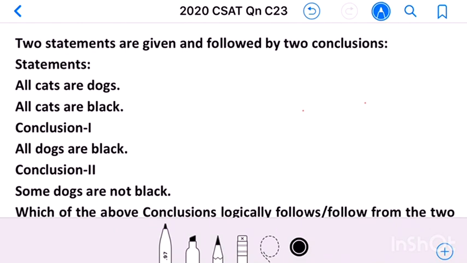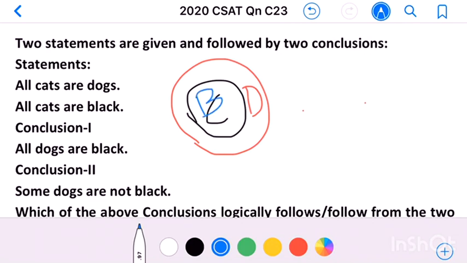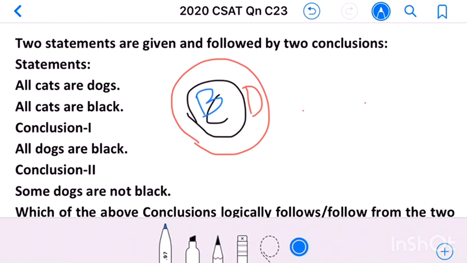All cats are dogs. So whatever cats are there, all these are dogs. Then all cats are black. All these cats are black. Then the first conclusion is all dogs are black.